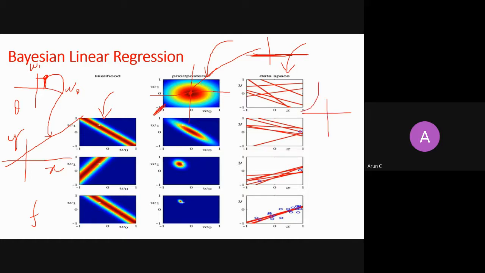So after a certain range the probability will be 0, and I don't need to consider all those points which have a probability of 0. Here red shows high probability, yellow shows a bit less probability, this is a faded probability, and finally blue shows 0 probability. It is the way to draw a three-dimensional probability graph in two dimensions. So this heat map shows you the density of this model probability. Fine.